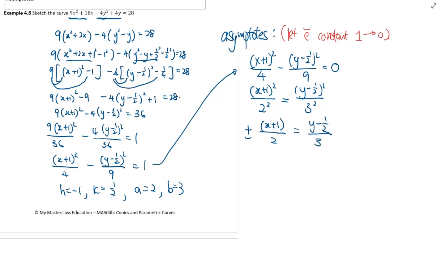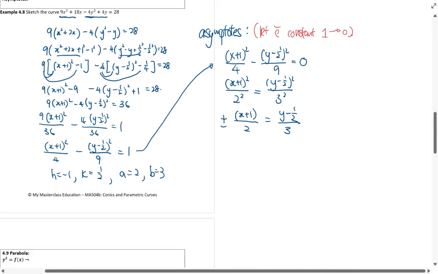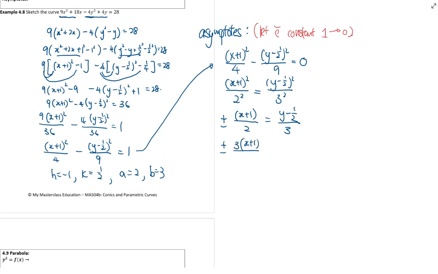When you square root something, there will always be a plus minus at the x component, because there could be 2 possible answers. So all you need to do is to make y the subject, multiply by 3, plus minus 3 bracket x plus 1 over 2 equals to y minus half. So y equals to, bring the half over, half plus minus 3x plus 3 over 2.